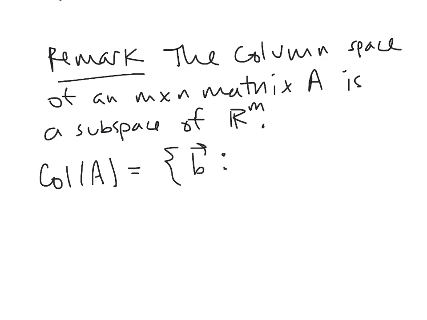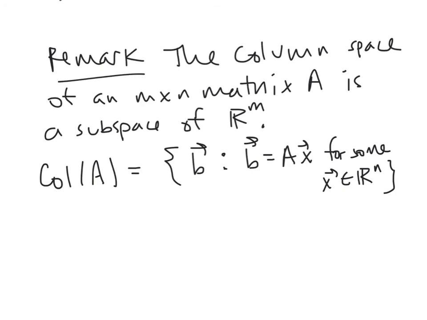It's all vectors b such that b equals Ax for some x in Rn. In other words, it's all the vectors that you get as output when you multiply A by a vector. So the column space is the set of all these output vectors.